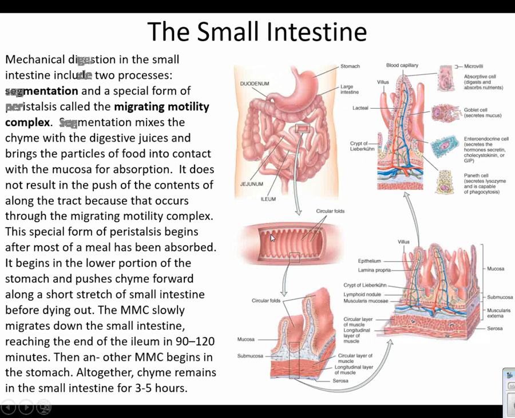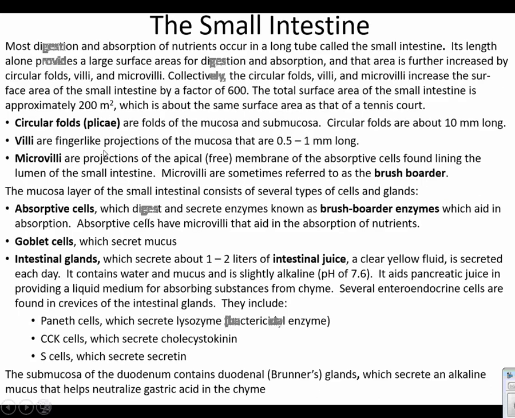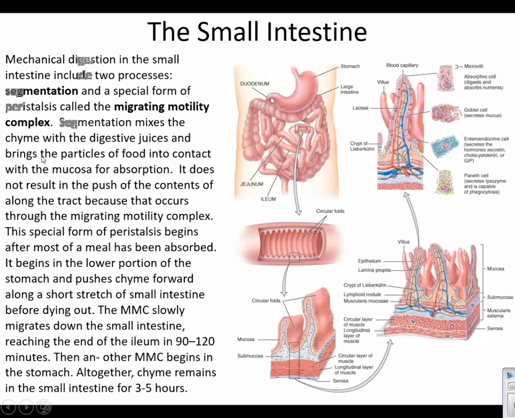So these point outward into the lumen. Okay. These are little finger-like folds. You can see if we zoom in at one of them what they look like. Okay. Called circular folds or plicae, about 10 millimeters in length, which is a centimeter. So you can actually see these with the naked eye. Okay. About 1/2 to 1 millimeter in length are little villi, which if you look closely enough at this image down here, we see little ruffles.